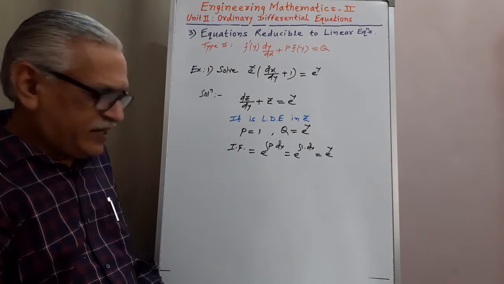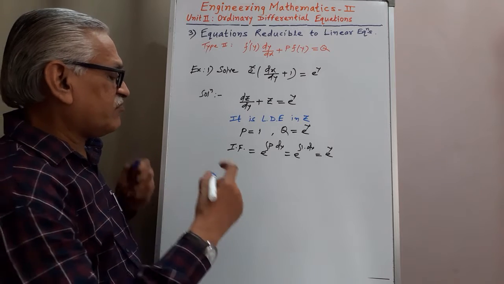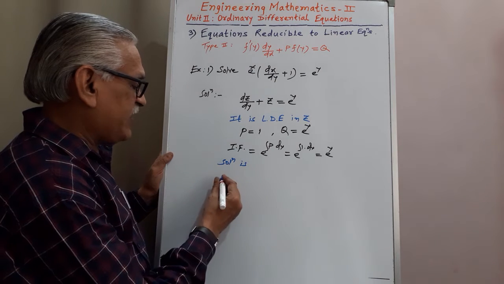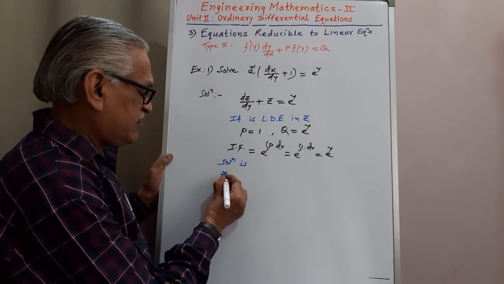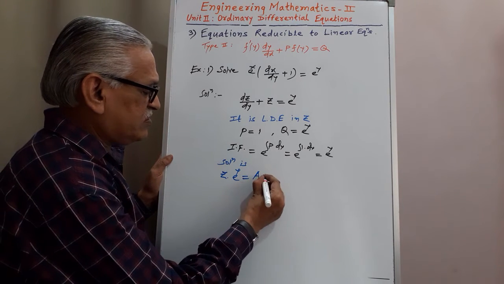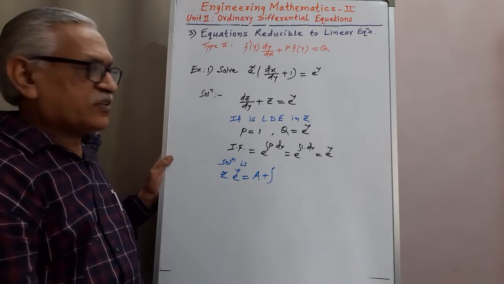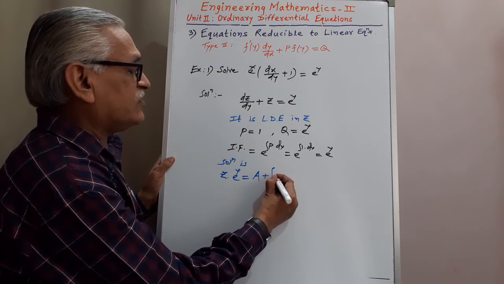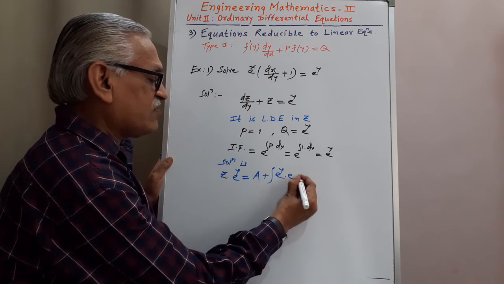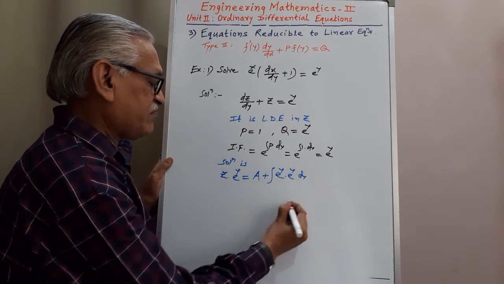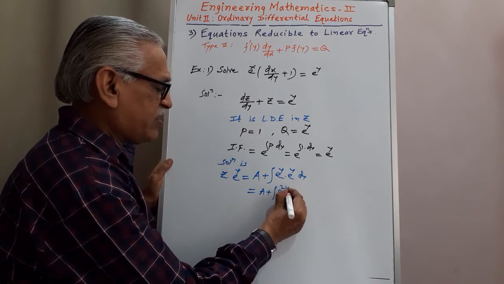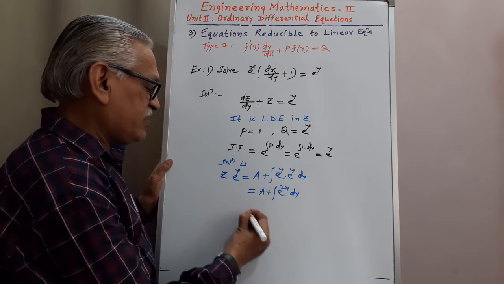And then the solution is given by z into integrating factor e raised to y is equal to a constant plus the integration of q into IF. The value of q is e raised to y, and again IF is e raised to y. Therefore it is a plus the integration of e raised to 2y with respect to y.